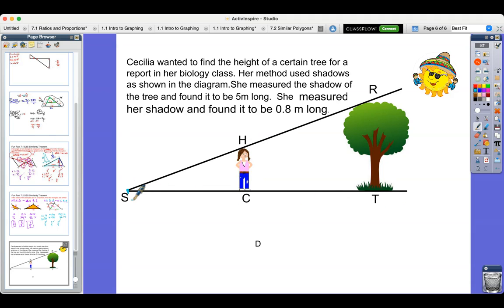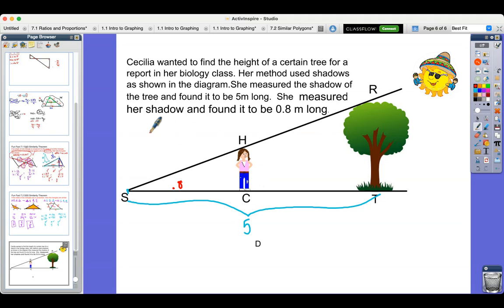She found the shadow of the tree is 5 meters long, from here to here. She measured her shadow, and that's 0.8 meters long.